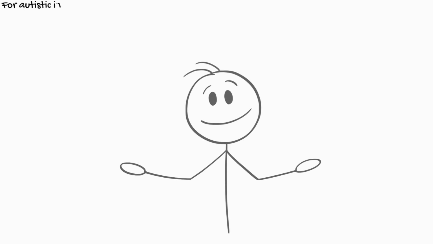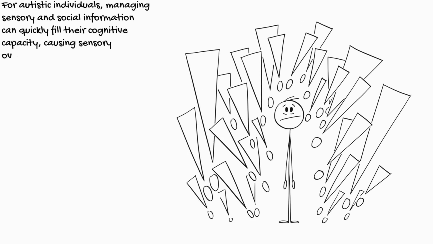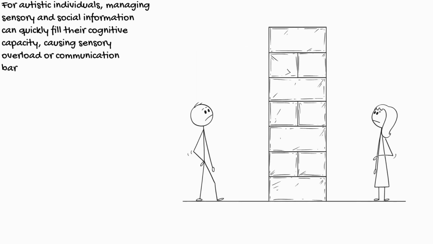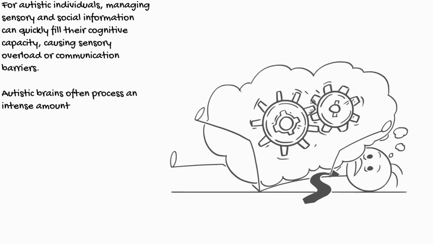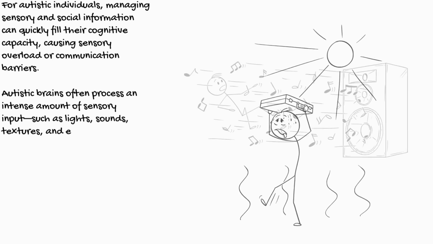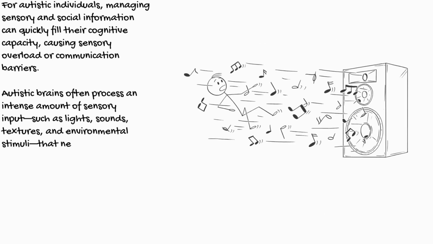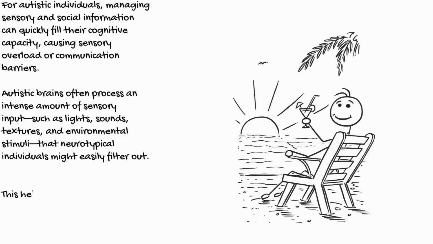For autistic individuals, managing sensory and social information can quickly fill their cognitive capacity, causing sensory overload or communication barriers. Autistic brains often process an intense amount of sensory input, such as lights, sounds, textures, and environmental stimuli that neurotypical individuals might easily filter out.